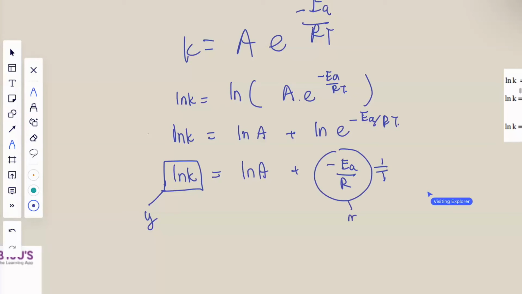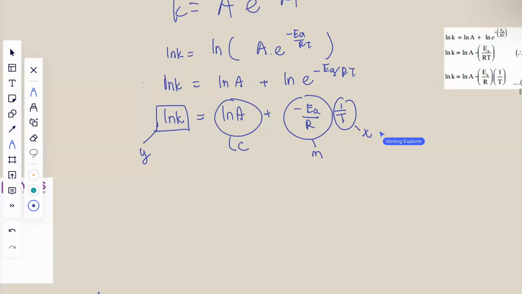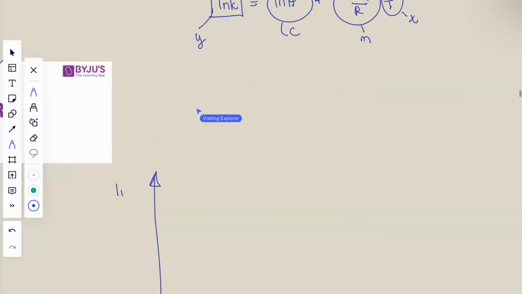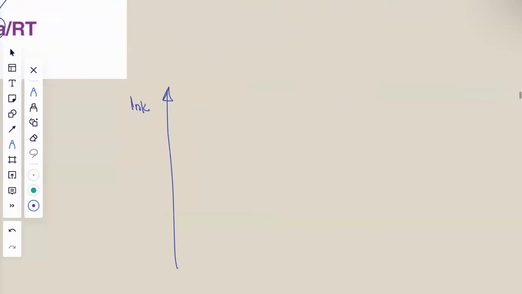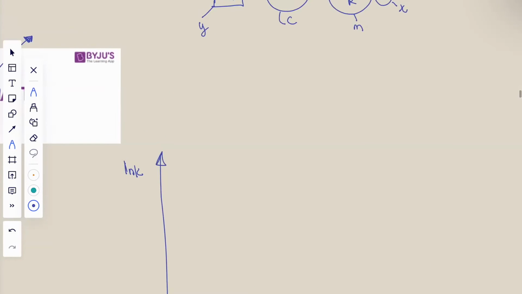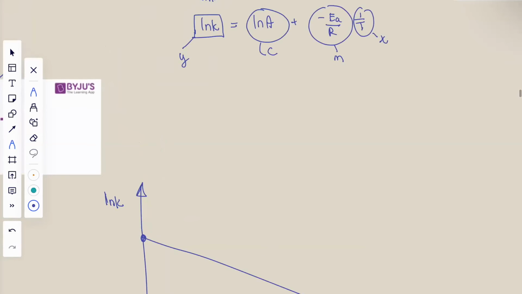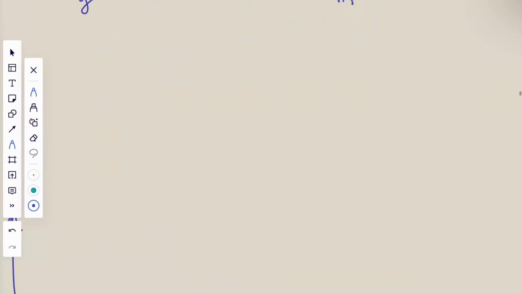This is m, x, plus c. So you make the graph ln K against 1 over T. Then you're going to have a straight line. The gradient will be negative because minus EA over R.